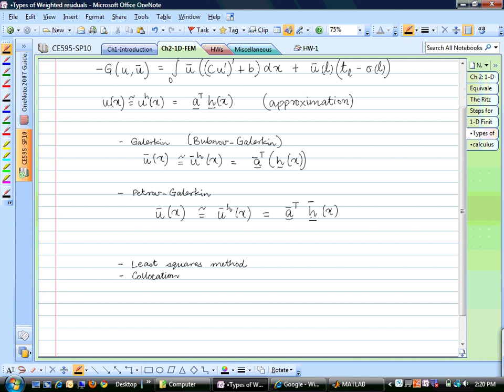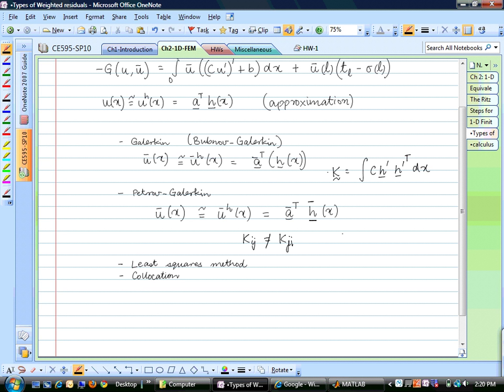which is not that commonly used, but there's an important point here: is the stiffness matrix that you will get in this case still going to be symmetric? Do you think the stiffness matrix is still going to be symmetric? It's actually not symmetric because, if you remember, in the Galerkin case, when we substitute this approximation and calculate the stiffness matrix, it turns out to be the integral of H prime C H prime transpose dx.